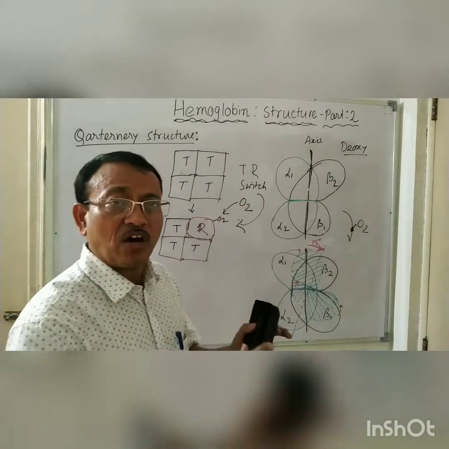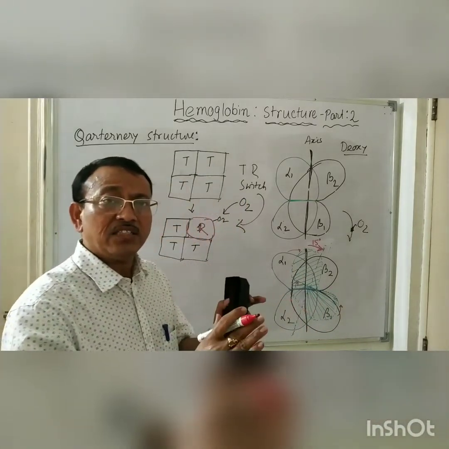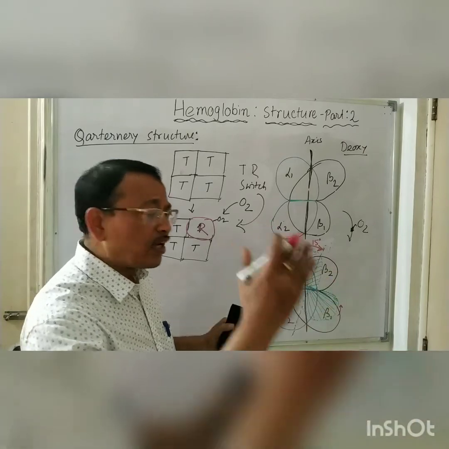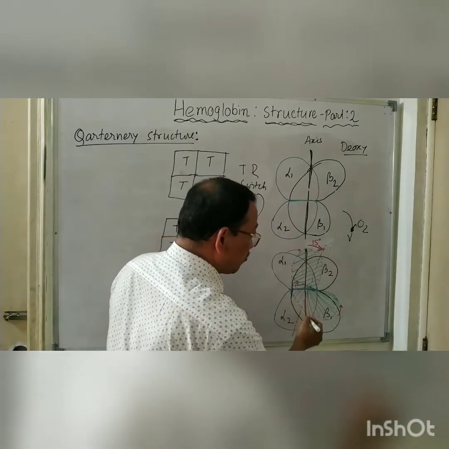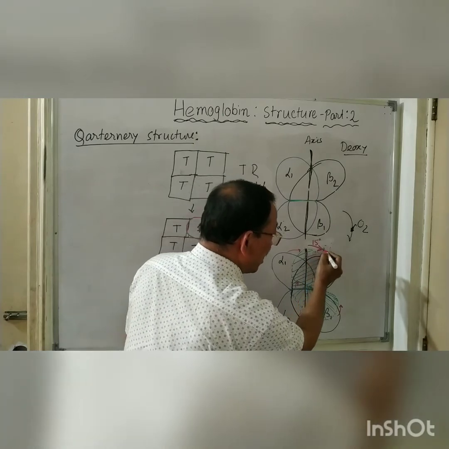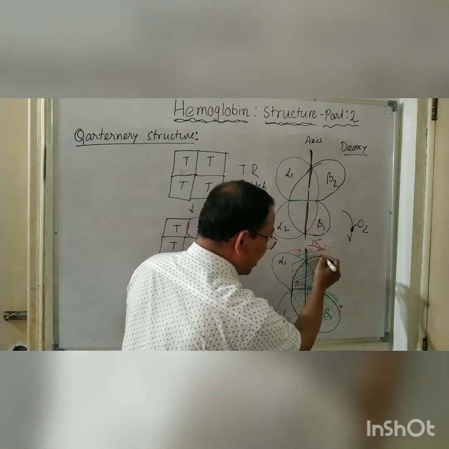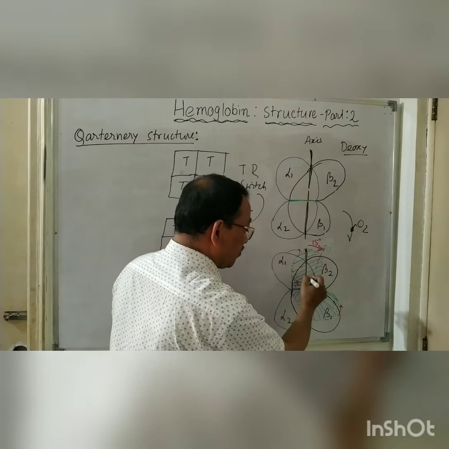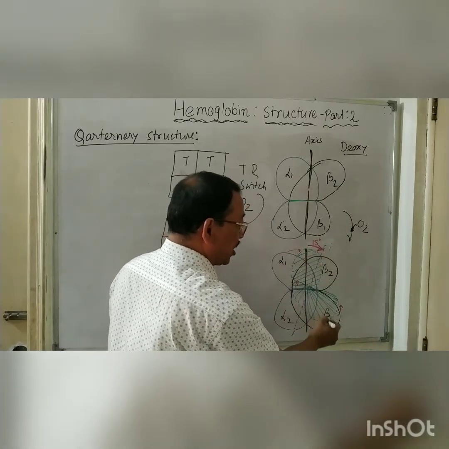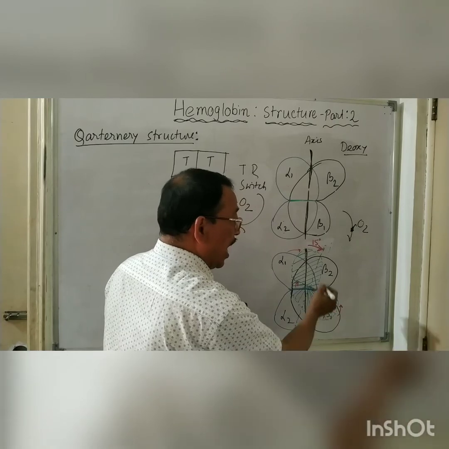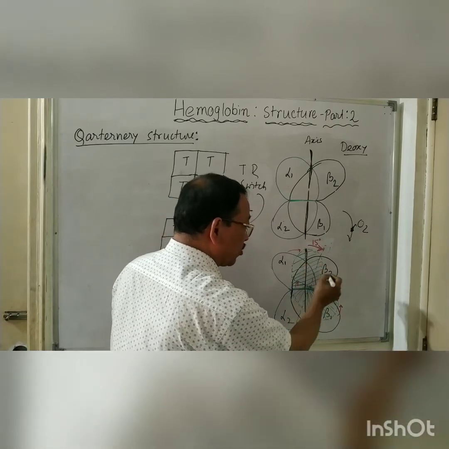That means the alpha 1 beta 1 dimer is moved 15 degrees from the axis. This is the main axis, and from the main axis it is moved to the changed axis. So from the main axis there is a 15-degree rotation of the alpha 1 beta 1 dimer with respect to the alpha 2 beta 2 dimer.